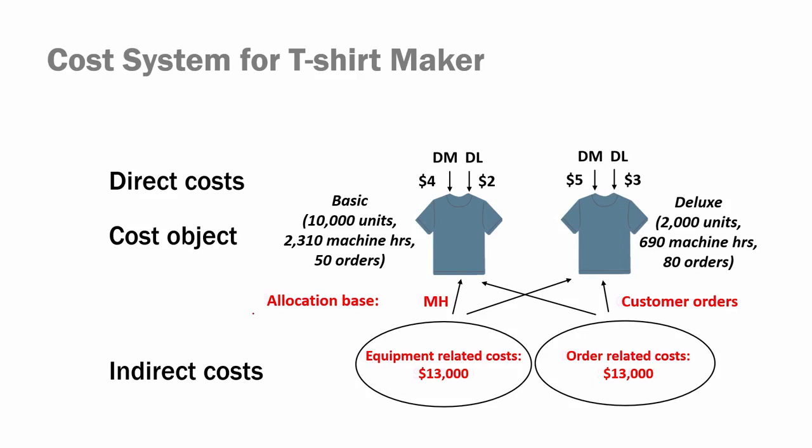And we use the number of orders because it seems like the cost driver here as an allocation base to allocate that cost pool. So what we've done is divide the $26,000 in manufacturing overhead cost into two cost pools. Here they happen to be $13,000 each. And we allocate one pool based on machine hours and the other pool based on customer orders.